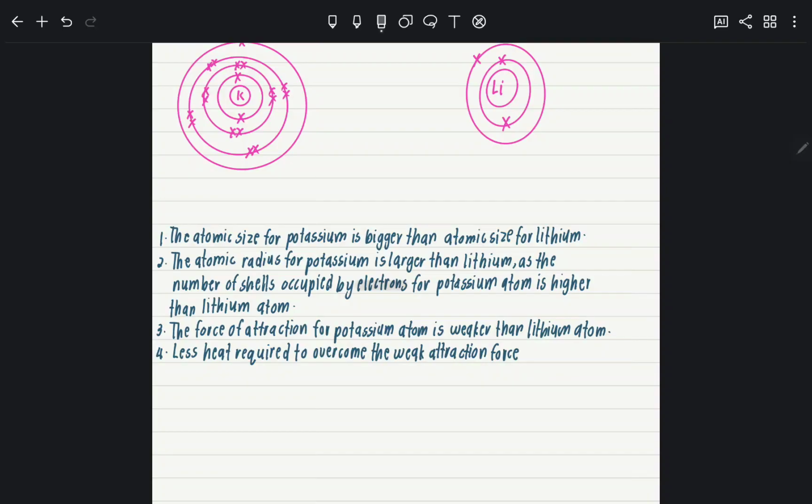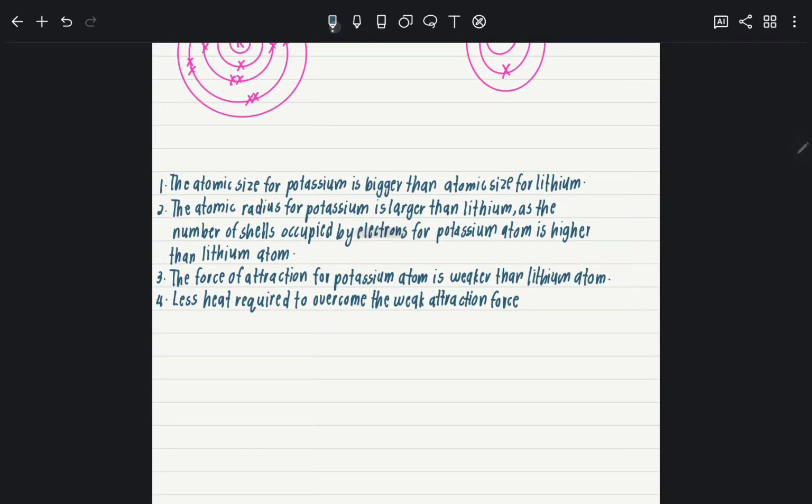Okay, to overcome the weak attraction force for potassium atom compared to lithium atom. Betul tak? Okay, so dah nama pun less heat required.